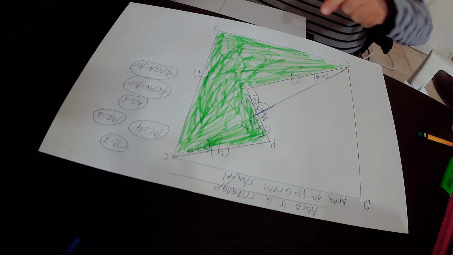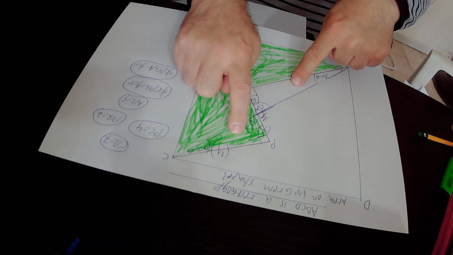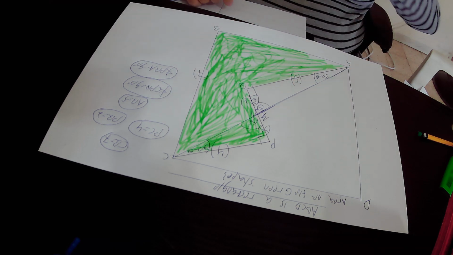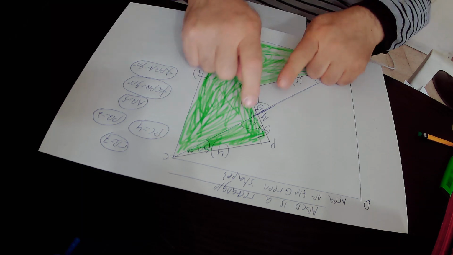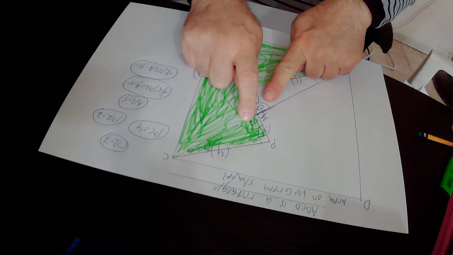So, why are those two right triangles similar to each other? First of all, those are two vertex angles and they are equal to each other. Each angle equals theta, therefore they are equal to each other.